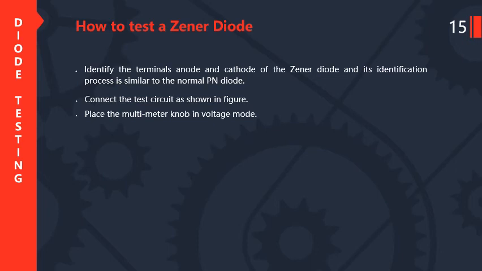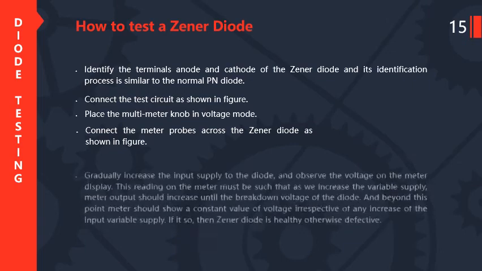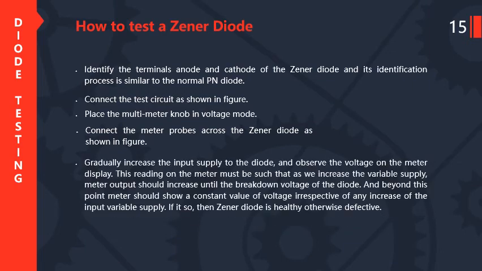Place the multimeter knob in voltage mode. Connect the meter probes across the Zener diode as shown in the figure. Gradually increase the input supply to the diode and observe the voltage on the meter display.